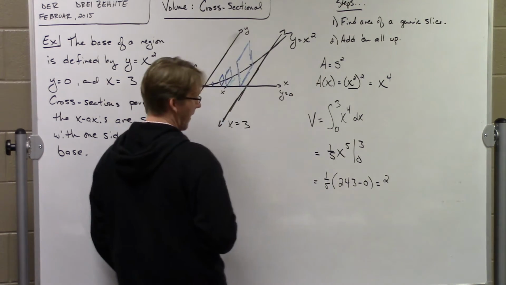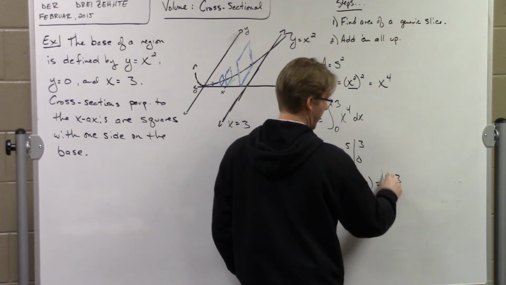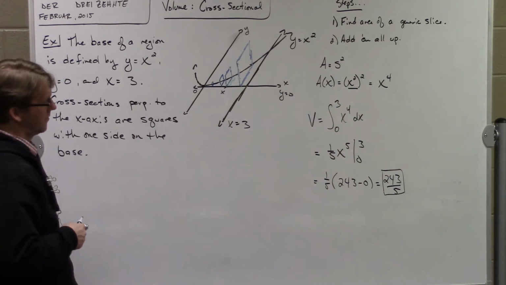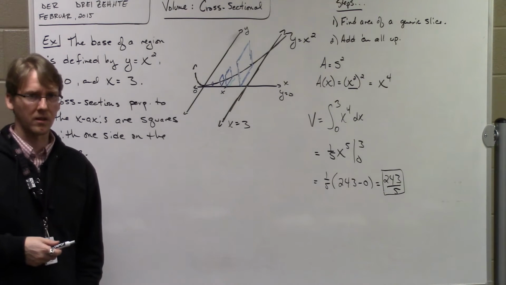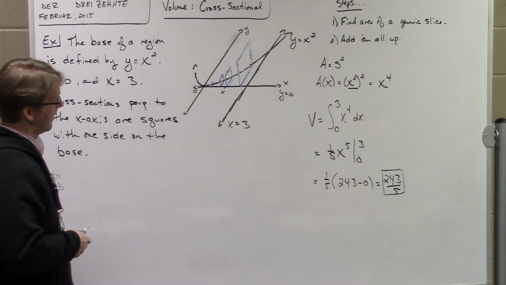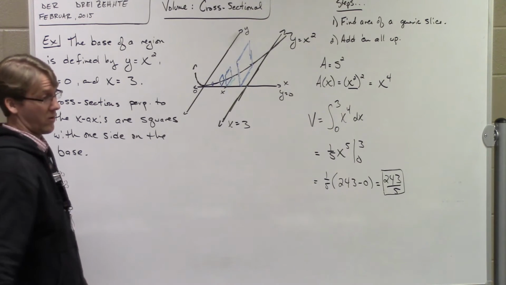Good eye. 243 over 5, which will not reduce. Units cubed, somewhere in the neighborhood of 50, just shy of 50. Now, that is the volume of this weird shape that we're going to create.